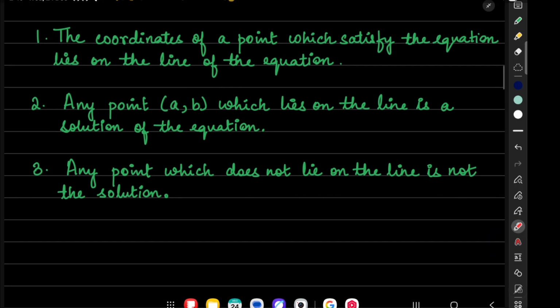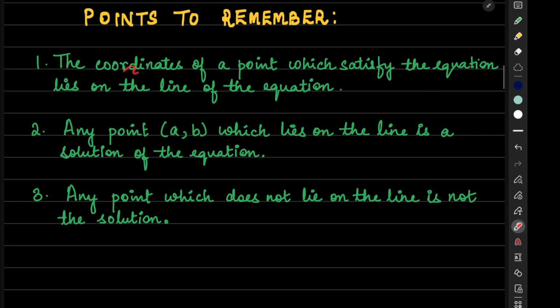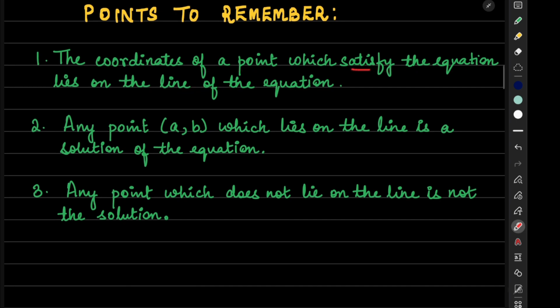Some points to remember are that the coordinates of a point which satisfy the equation always lie on the line of the equation. As you were just seeing in all of these questions, the coordinates which satisfy this equation always lie on the line of the equation.